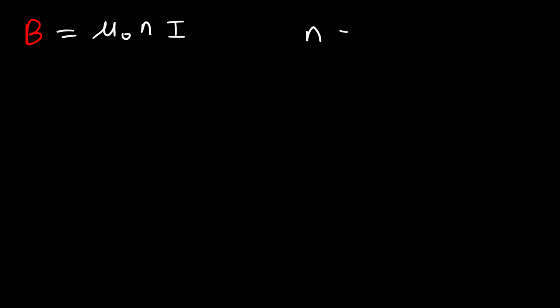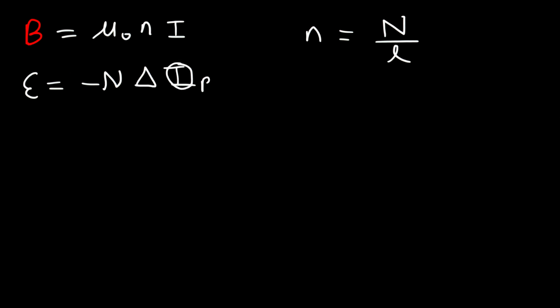Lowercase n represents the number of turns per meter. So it's capital N, which is the number of turns, divided by the length of the solenoid. Now the induced EMF is equal to negative N, the number of turns, times the change in the magnetic flux, divided by the change in time. Anytime you have a current flowing in a wire, it creates a magnetic field. And if you have a change in current, it's going to produce a change in magnetic field, which produces an EMF.